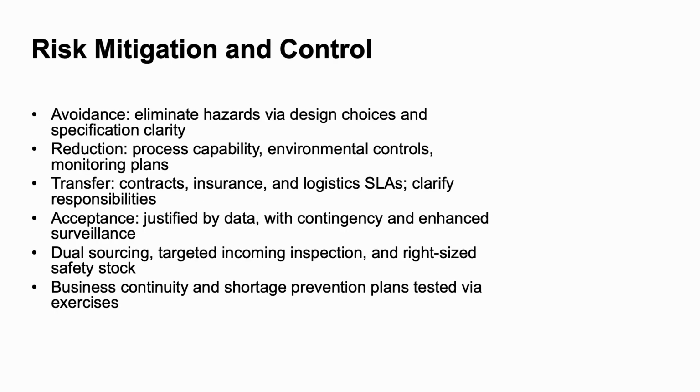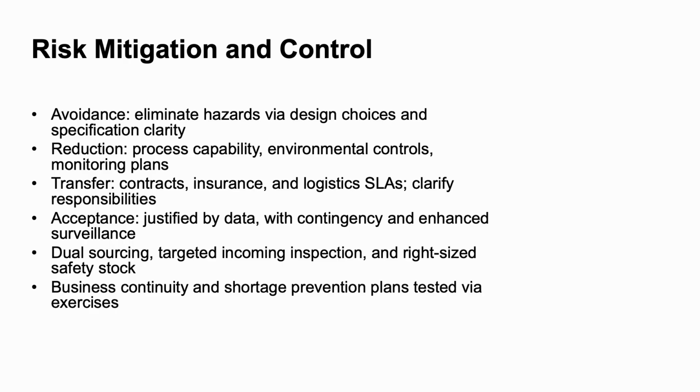Mitigation strategies should be proportionate to risk and justified with data. Avoidance seeks to eliminate hazards at the source through design choices, such as selecting materials with robust stability profiles or specifying packaging that prevents light or moisture ingress. Clear specifications and unambiguous labeling reduce the chance of mix-ups.